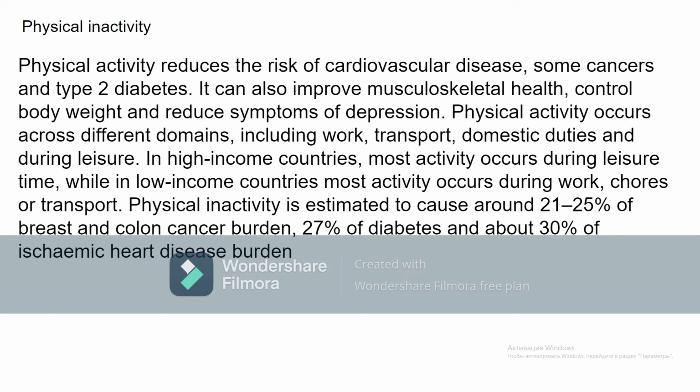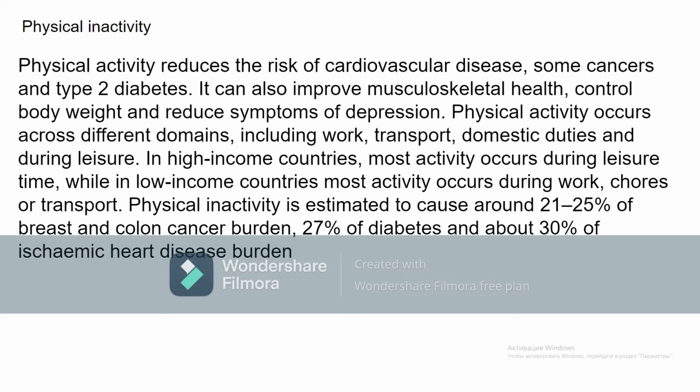In high-income countries, most activity occurs during leisure time, while in low-income countries, most activity occurs during work or transport. Physical inactivity is estimated to cause around 21 to 25% of breast and colon cancer burden, 27% of diabetes, and about 30% of ischemic heart disease burden.